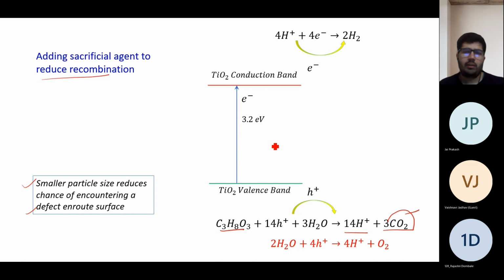This can also be used for water purification and treatment, because instead of glycerol, impurities can be there, and we can choose the material so that the impurity reacts and is converted to some gas or other element, and we can generate pure water. So there are various applications of these photochemical reactions, but majorly our focus in this work is to generate hydrogen.